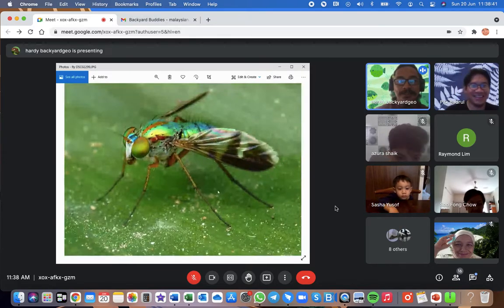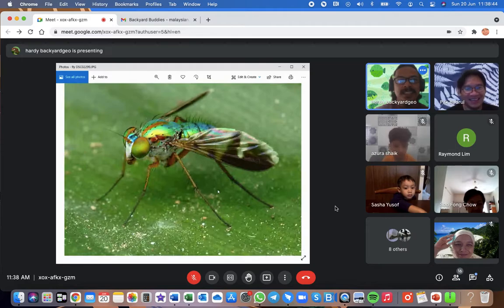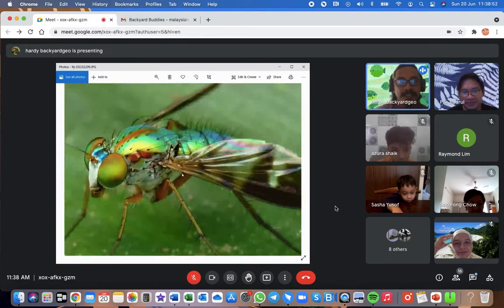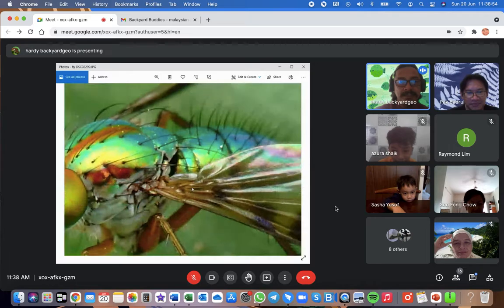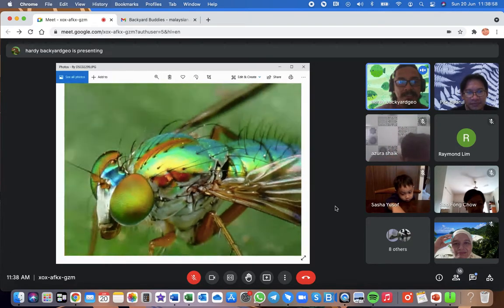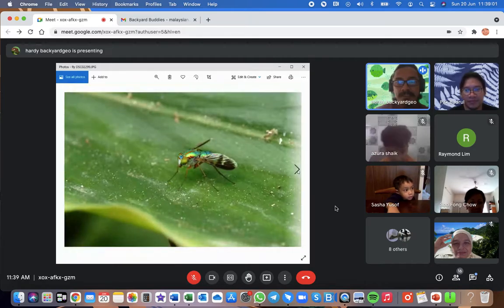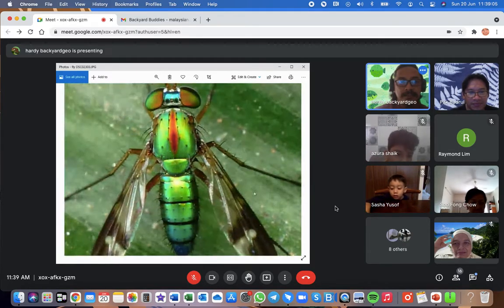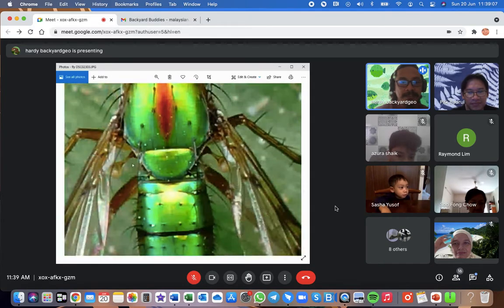Okay, now this is a good fly. This is called a long-legged fly. It's a predator. It feeds on other flies and other insects. The hairs on these flies are very sensitive. Here you can see very clearly the second pair of wings and the halters.